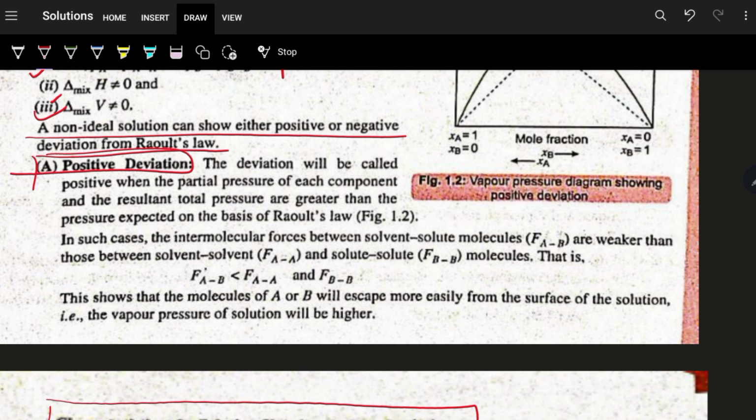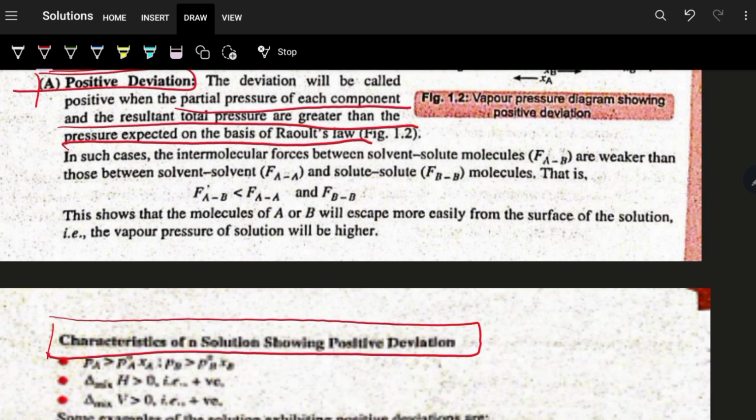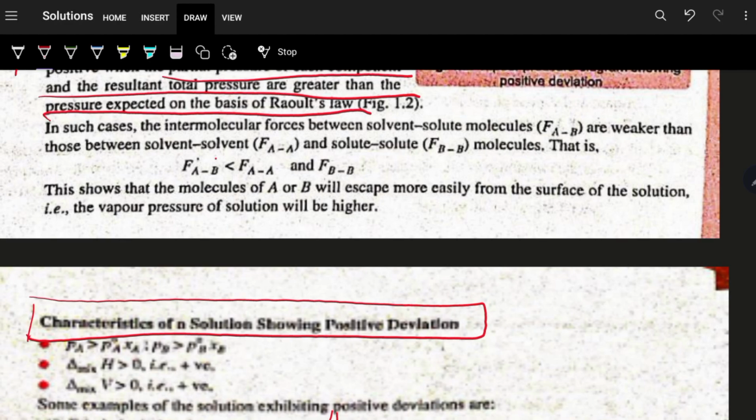Positive deviation means what? That the partial pressure of each component and the resultant total pressure are greater than the pressure expected on the basis of Raoult's law. The vapor pressure increases. Why? Because AB interaction is weak.